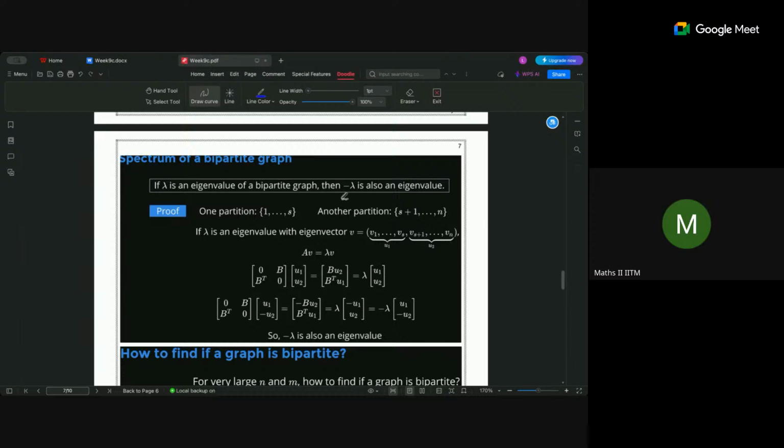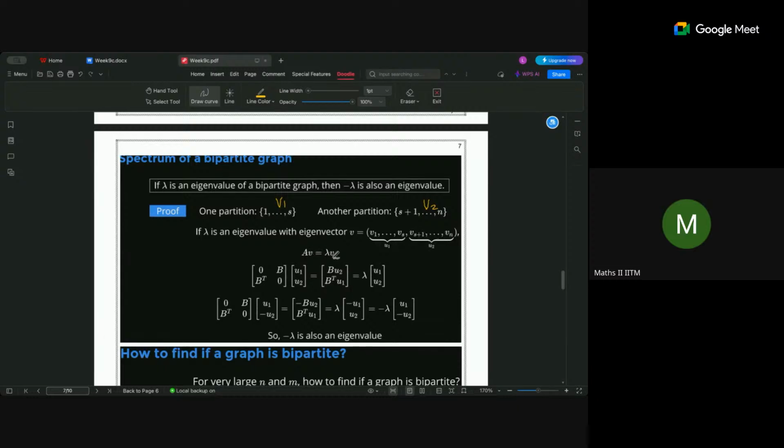Let us say you have a vertex set of n vertices with this partition, V1 and V2. Now, if lambda is an eigenvalue with eigenvector V, let's call the first S components U1 and the remaining components U2.